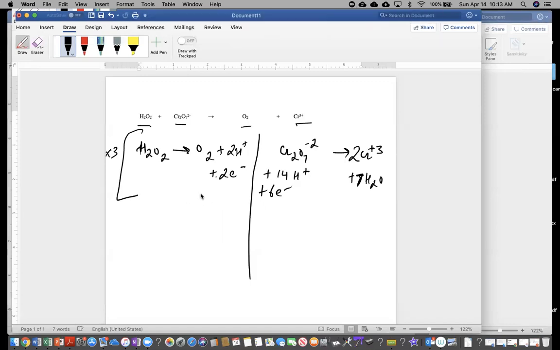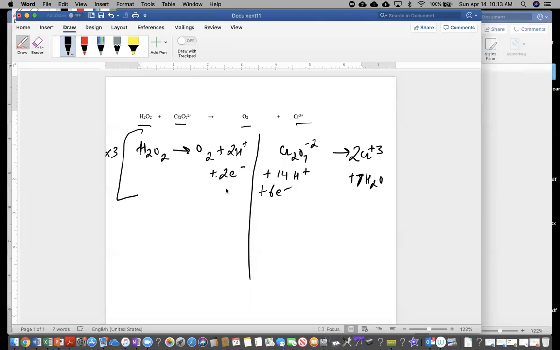Now the problem can be sometimes, imagine, let's say this is 4, and this is 6. Then you have to find a common number that you can multiply both the sides by so that you have equal numbers.